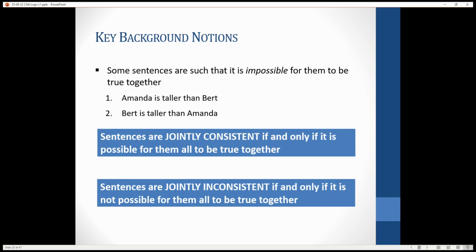Now note, some key words in these definitions are all together. So if we're assessing some sentences to figure out if they're consistent, we need to try and make them all true, all at the same time. Similarly, if we're assessing whether they're inconsistent, we need to see if there's no possible way for us to make them all true, all at the same time.